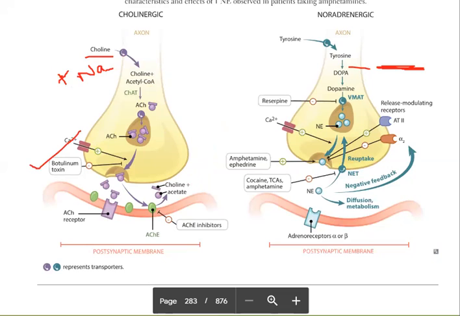Okay, we have this botulinum toxin that is inhibiting this particular step. So if it is given in first aid, it can be asked in your exams as well. So you can mark this point, that botulinum toxin hinders the synaptic vesicle attachment to this presynaptic membrane.